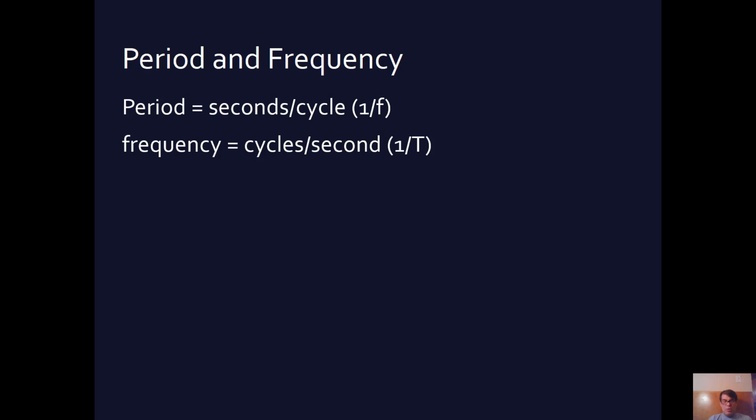How many times is it going around per second? That's the frequency. The period is the number of seconds per cycle. It's the opposite of the frequency. And so we say that the period T equals 1 over the frequency, or the frequency f equals 1 over the period.